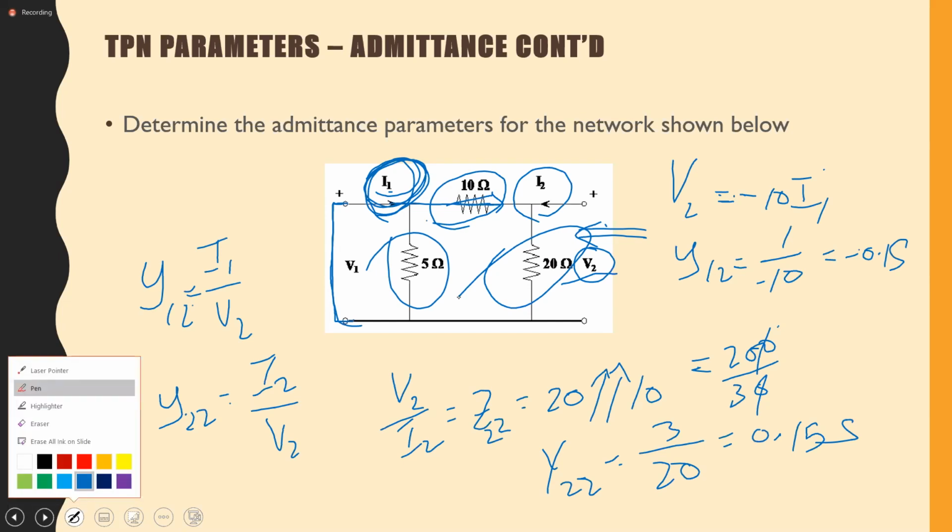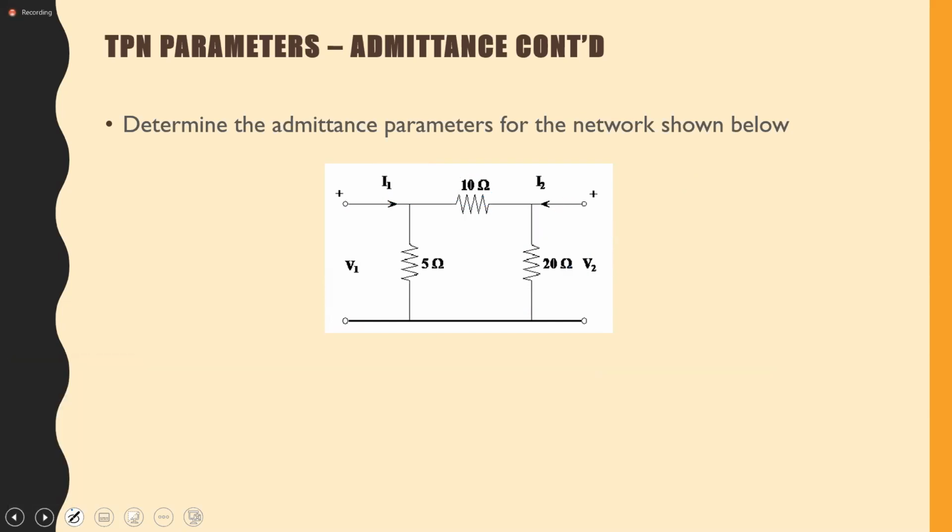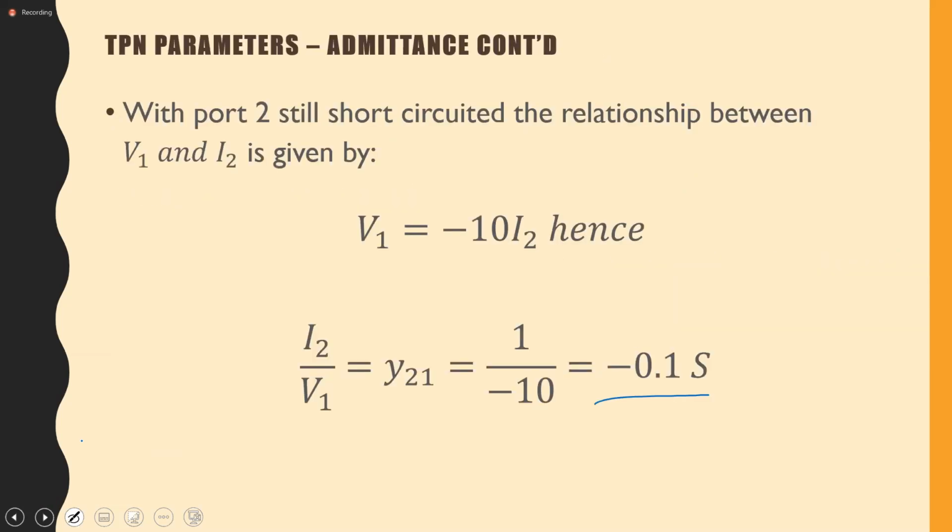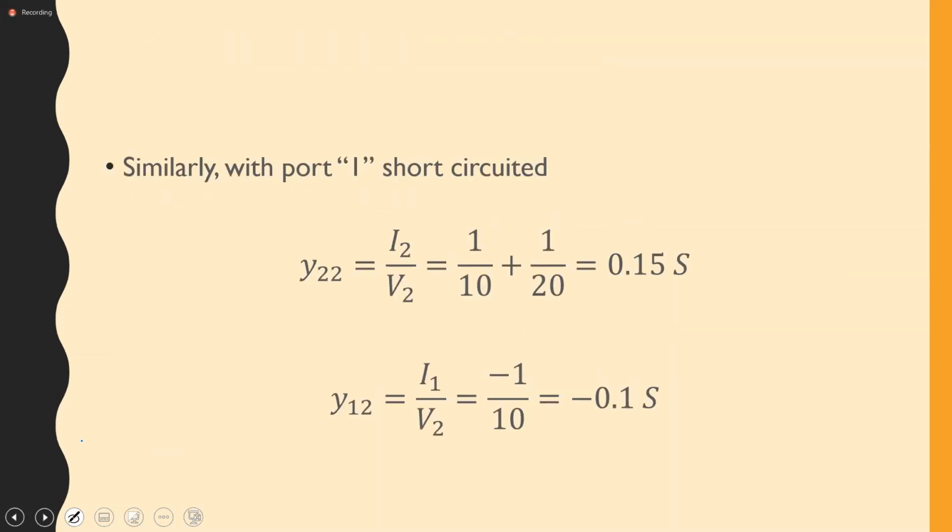Sir, just a quick question. Looking at the values here, would it be safe to say that writing the matrix would be just like the previous matrix, where the 2,1 and the 1,2 would be the same?